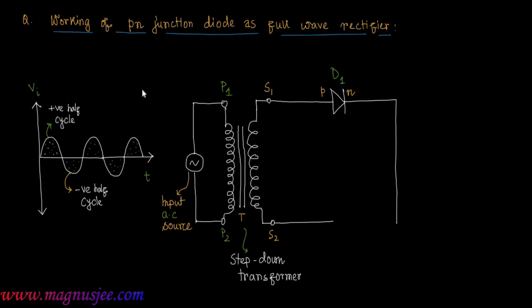To the terminal S2 there will be another PN junction diode. This is P side and N side, and this diode is D2.